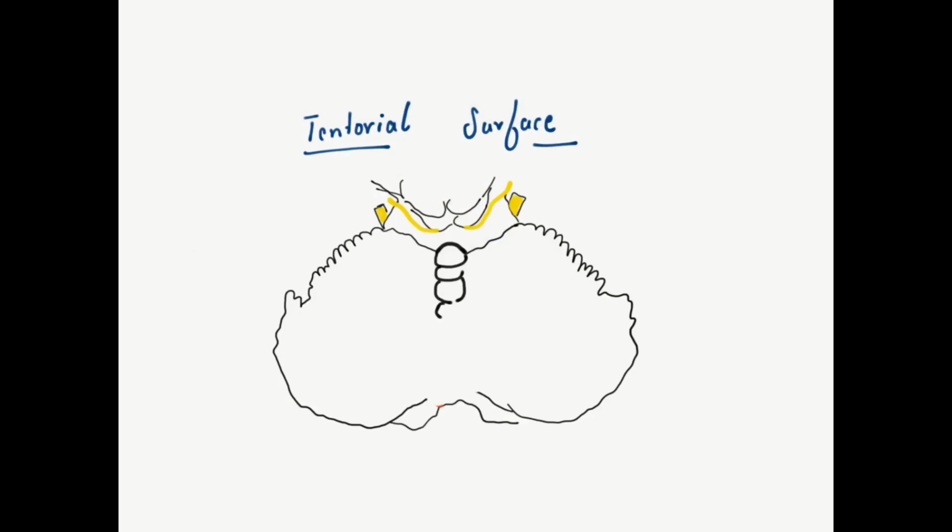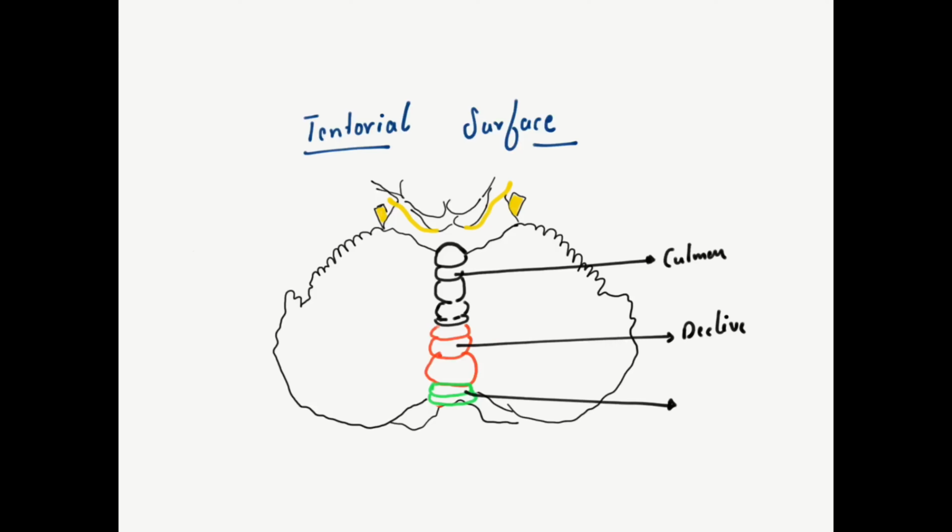Coming to the first surface, that is the tentorial surface, it is that portion which is present just below the tentorium cerebelli, and it consists of the vermal components being culmen, declive and folium. The tentorial surface has two important fissures. This is the primary fissure and this is the postclival fissure.